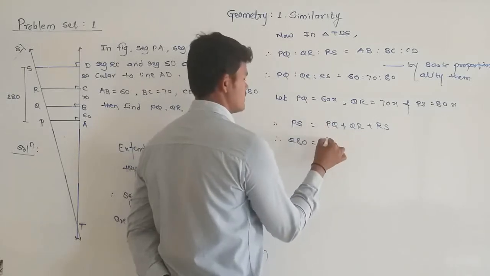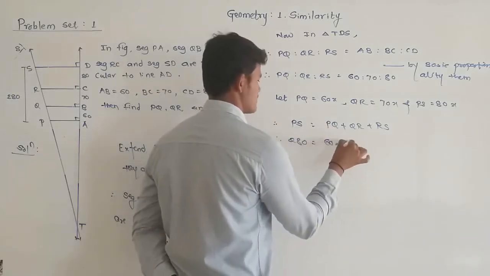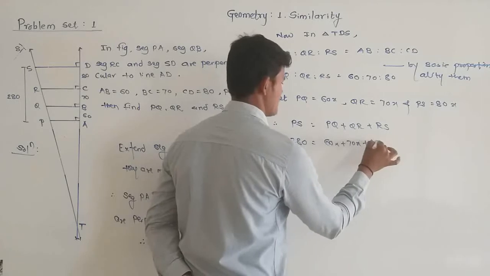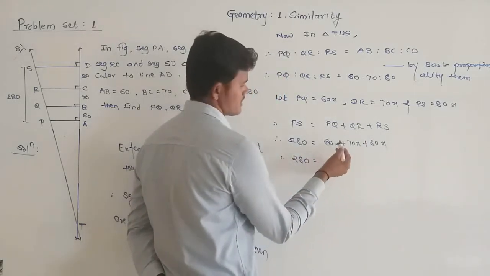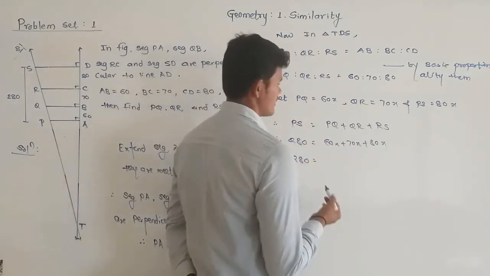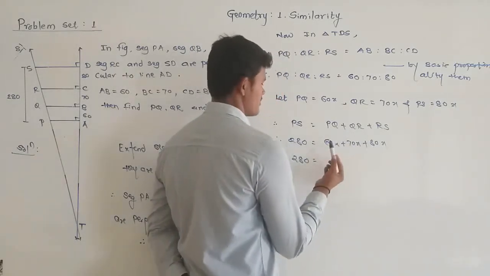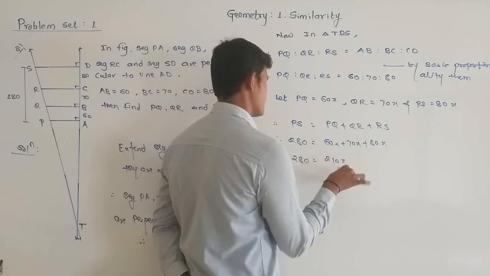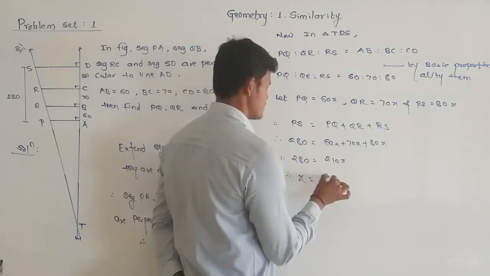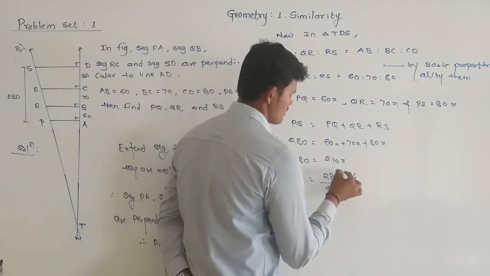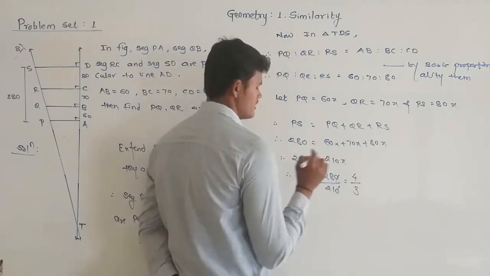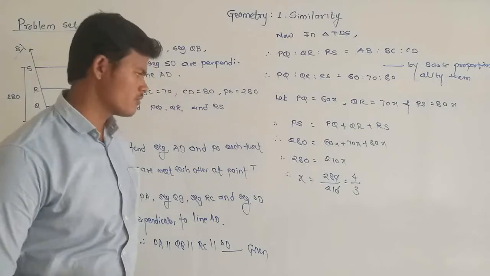So 280 is equal to 60x plus 70x plus 80x. So 70 plus 80 is 150, 150 plus 60 is 210x. We get the value of x as 280 upon 210. The zeros cancel, 7 fours are 28, so 4 upon 3. So the value of x is 4 upon 3.